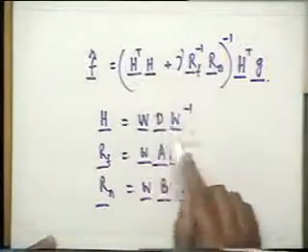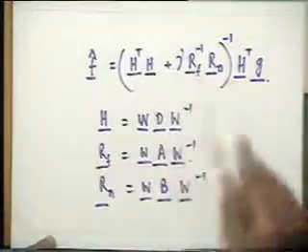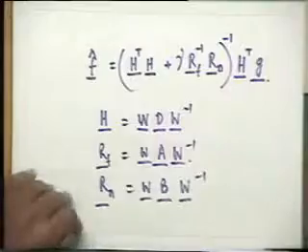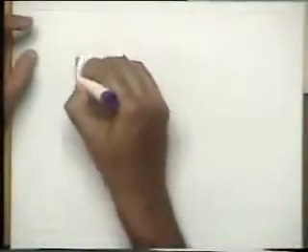If you do that, if you are taking the inverse of this, then again in terms of matrices only, and in place of H and RF Rn we are going to substitute these, and what you will get is this.